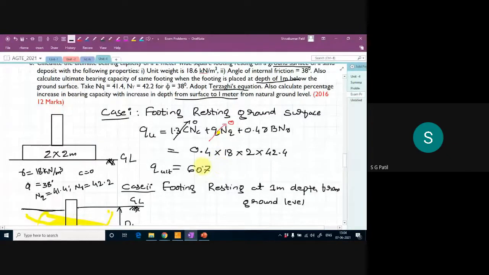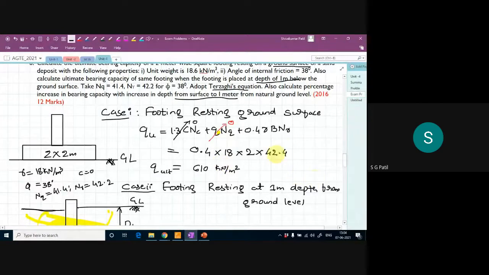Around 610, I will write. So 610 something kilonewton per meter square. So 0.4 into gamma into B into 42.2.